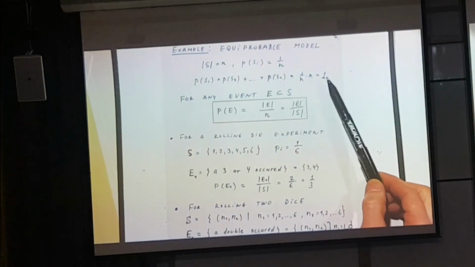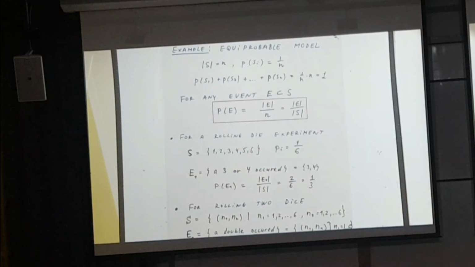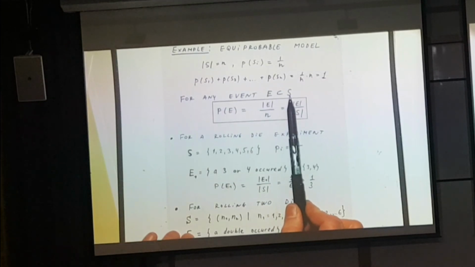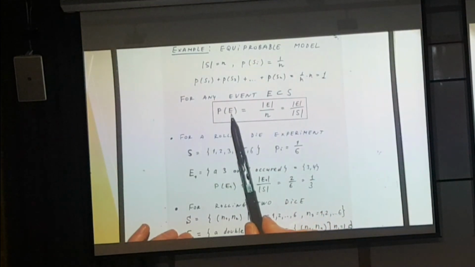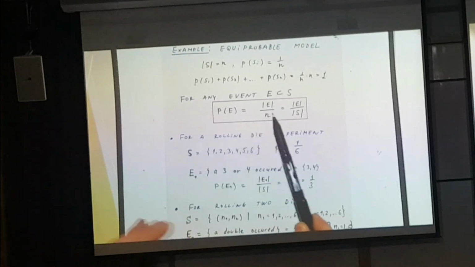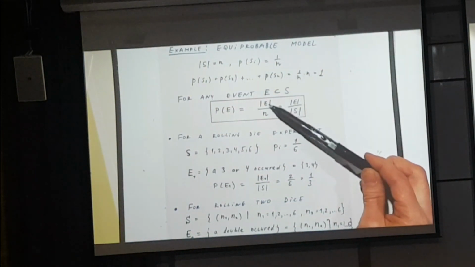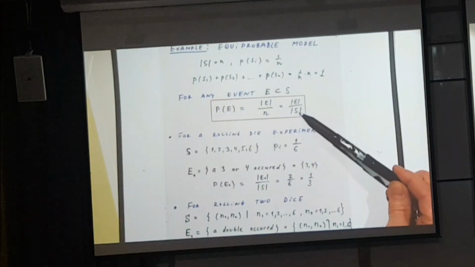So n cancels and you get 1 as required. And if you have an event, which is a subset of a sample space, then its probability can be calculated just by counting the number of elements in that event and dividing by the total number of elements in the sample space.